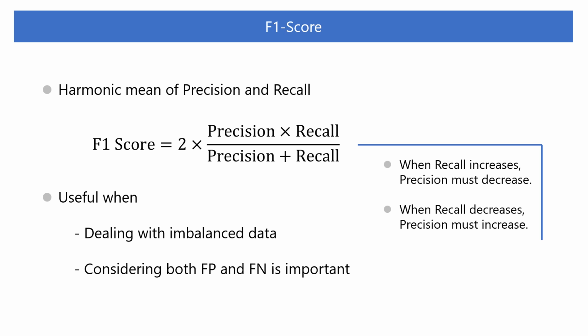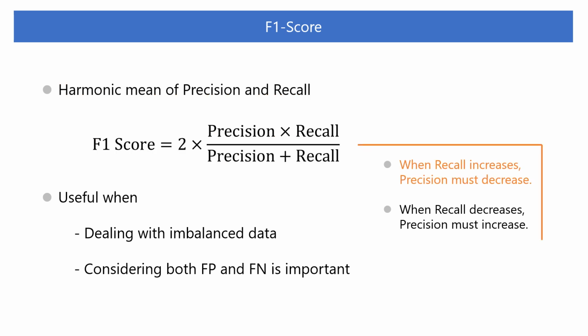To address the issue of precision recall trade-offs, we can use a metric called F1 score. The F1 score is a metric that balances both precision and recall. F1 score can be computed as the harmonic mean of precision and recall, providing a balance between them.